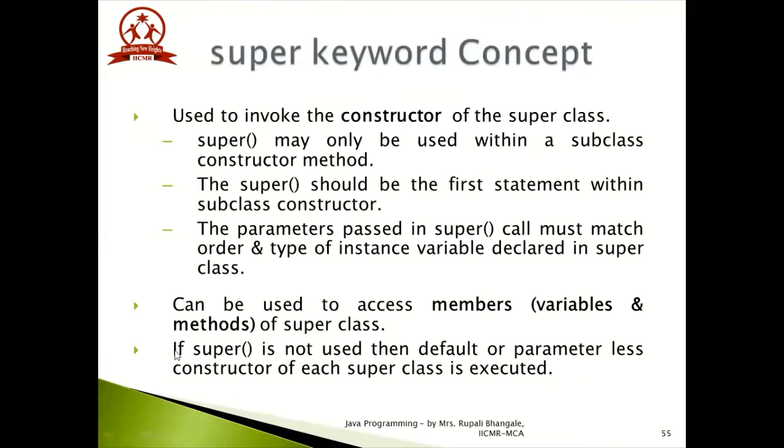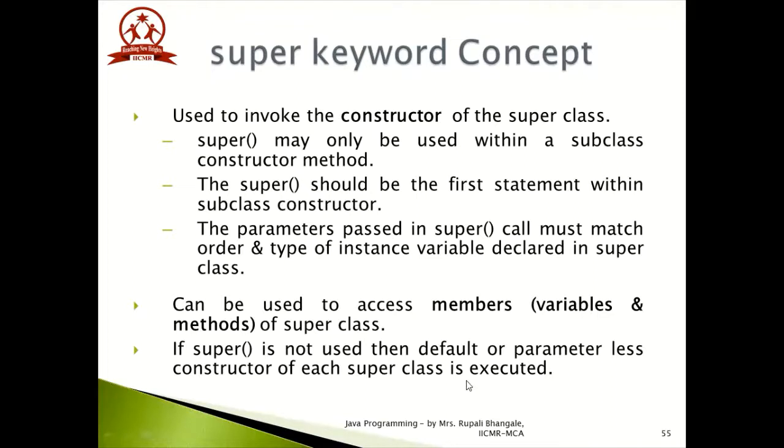Now, can you concentrate on the last line: what if super is not used? Still your JVM will call the default or parameterless no-arg constructor. The constructor of each superclass is executed by whom? By the JVM, of course.